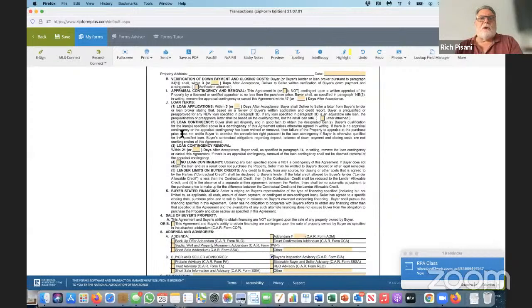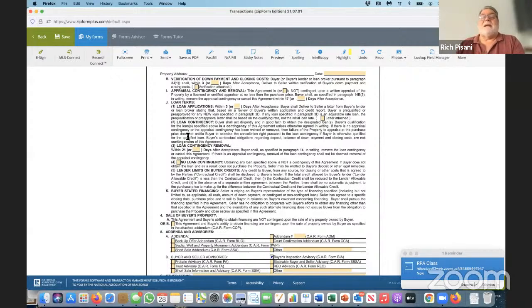Okay, if there is no appraisal contingency, or the appraisal contingency has been waived or removed, then failure for the property to appraise at the purchase price does not entitle buyer to exercise the cancellation right pursuant to the loan contingency if the buyer is otherwise qualified for the specified loan.